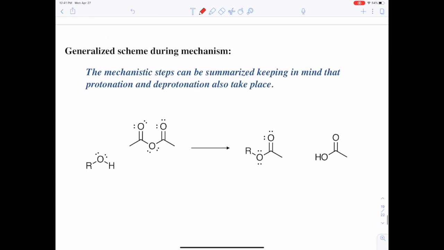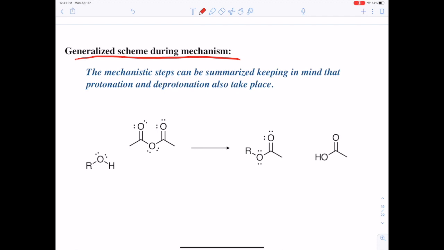So that was a lot to take in, but I just want to show you the generalized scheme, okay? Of course, during this mechanism, we protonate to make a better electrophile. Then the nucleophile attacks, H+ hops on and off of things, eventually leading to a good leaving group, and the leaving group departs.